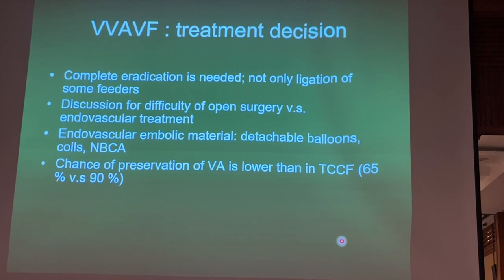In vertebral fistula, you have less chance to preserve the parent artery, but even for that, you need to make sure. Mostly we do a bilateral femoral artery approach, to make sure that you completely close the thing, and on the other side you need to check immediately whether you have completely closed the proximal, distal, or part of the fistula.